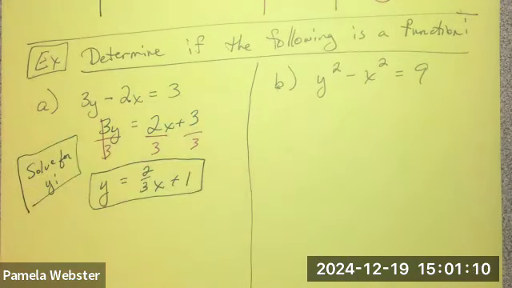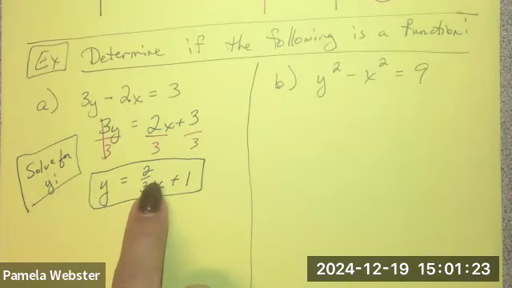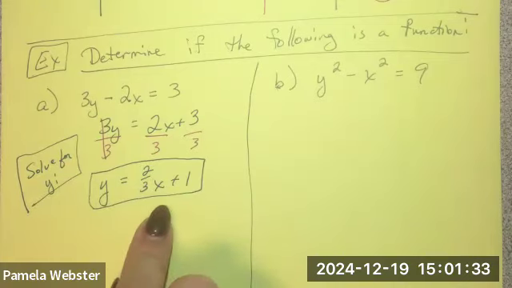But then you're sitting here wondering, can I tell if it's a function or not? I can put some points in. If x is 0, that goes away, and I get y equals 1. If x is 1, that's a 2/3, so I get 1 and 2/3. I feel like I'm only getting one output, but the real test is, do I see a plus or minus coming in there? That's one of the really big things we watch out for.